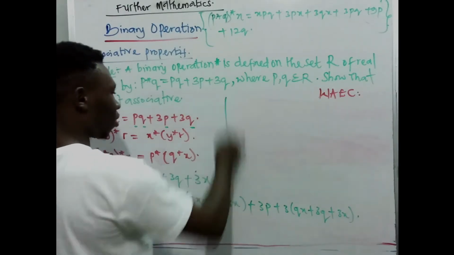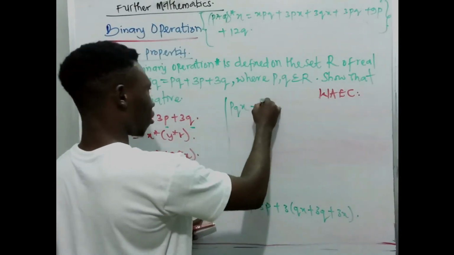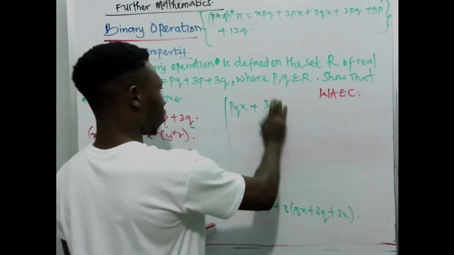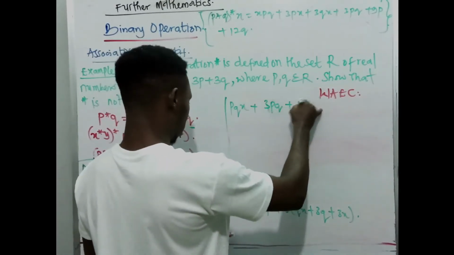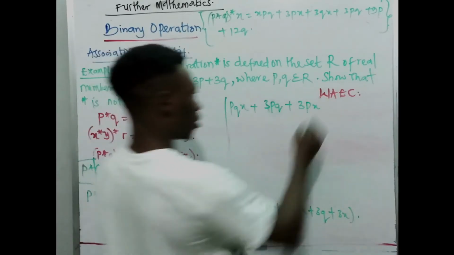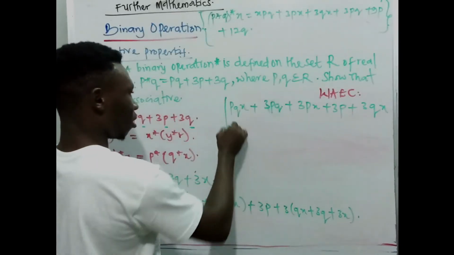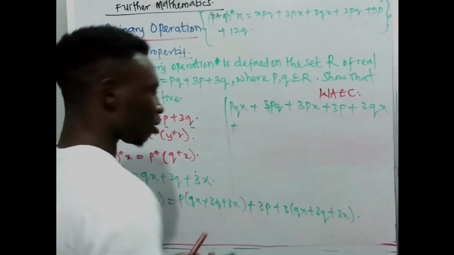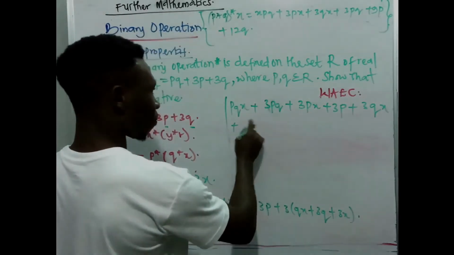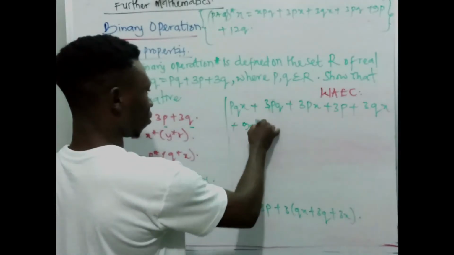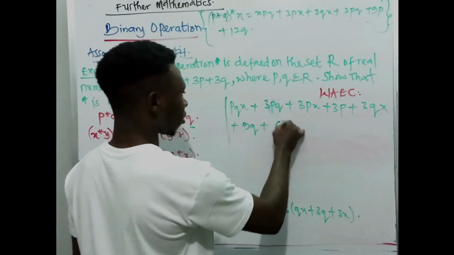And expanding this, it gives us PQX plus 3PQ, expanding plus 3PX plus 3P plus 3QX plus, paying attention, we have 3QX plus 3 times 3, that is 9Q, plus 3 times 2, that's plus 6S.